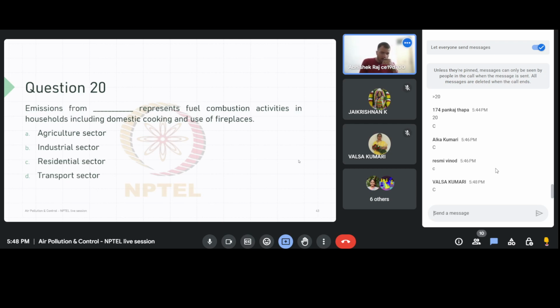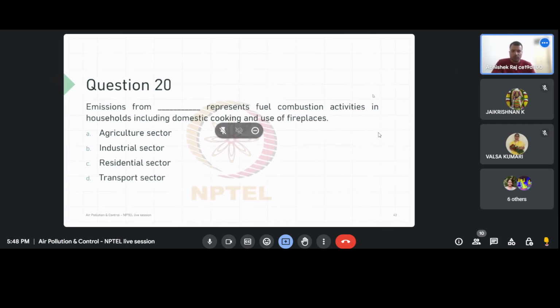Okay. I think we are clear. Not much to discuss in this question. So yeah, option C is correct here.